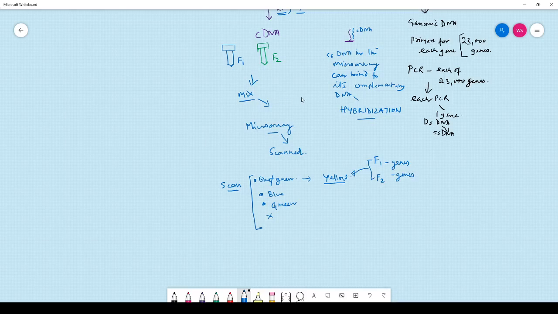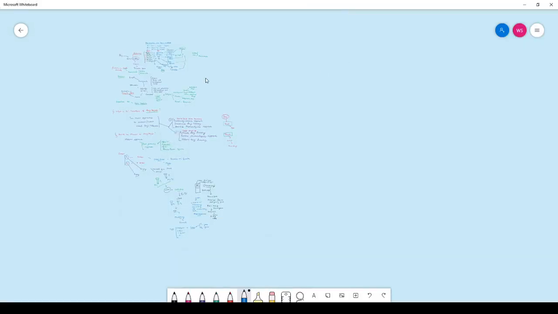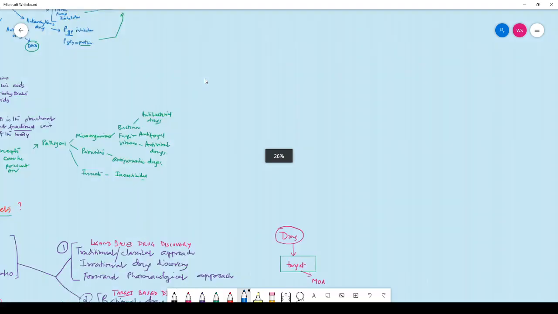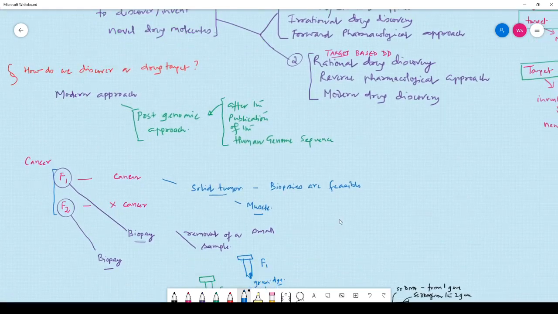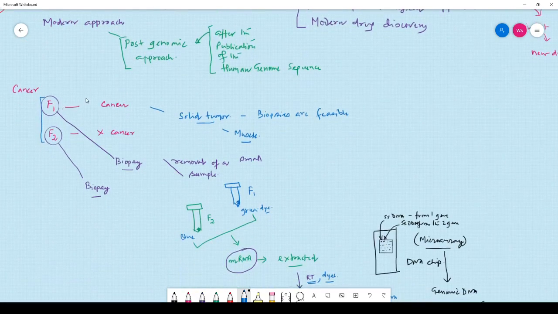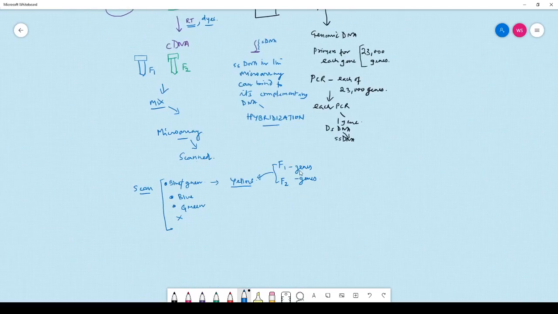Out of F1 and F2, who has got the disease? F1 has got cancer. But genes from both F1 and F2 are expressed in an area, so that is not significant in the microarray.